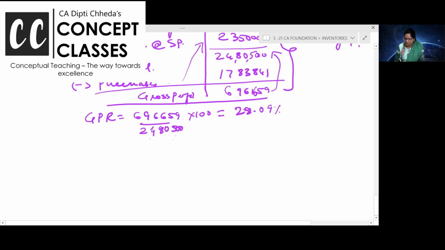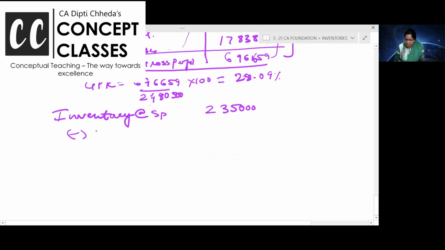Now, inventory at selling price is 2,35,000 minus GP. 2,35,000 into 28.09%.